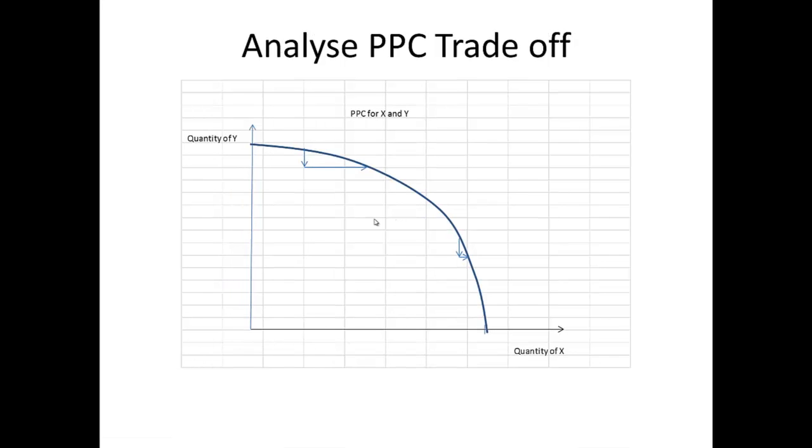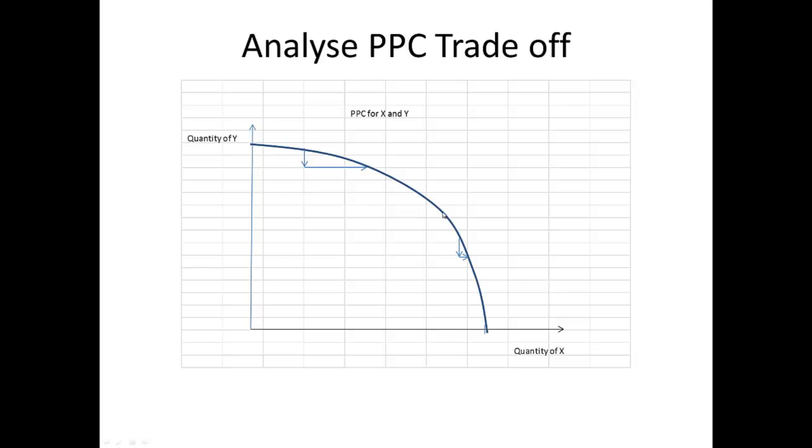So let's take a look at how this shape goes. I'm going to start now from Y as opposed to X. I've produced just a little bit of X, not too much, and quite a bit of Y. When I give up, say, 1 unit of Y, and I haven't produced much X already, I get a pretty good chunk of X.